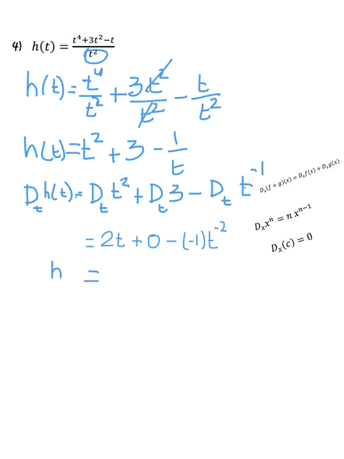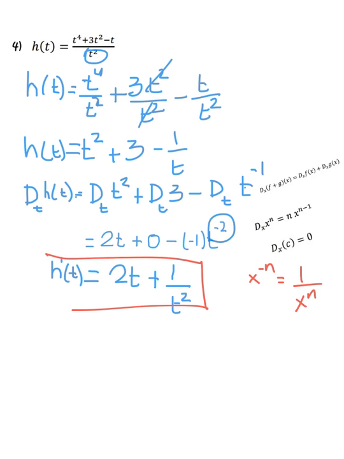So h prime of t is 2t plus t to the negative 2, or 1 over t squared, in order to rewrite the negative exponent as positive. In this case the only rule we use is not a derivative rule, but the rule that says x to the negative n equals 1 over x to the n. And that will be the result.